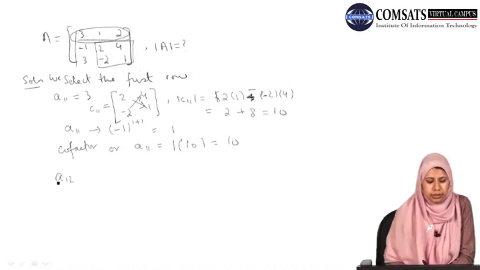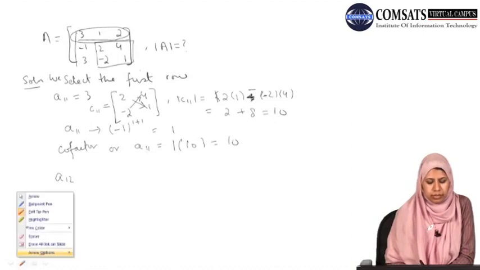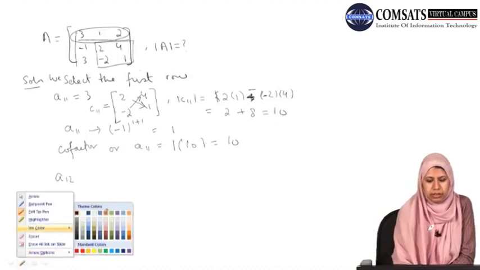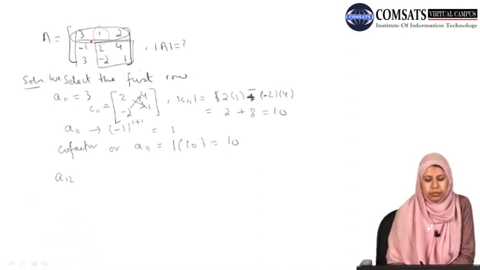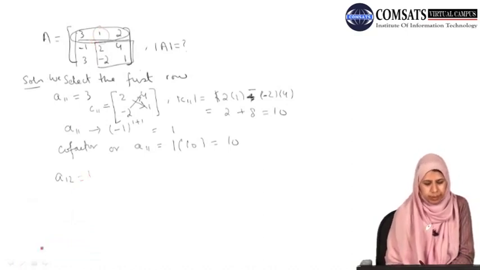Now our next entry will be the entry A12, that is this entry. First I highlight it, which equals 1.